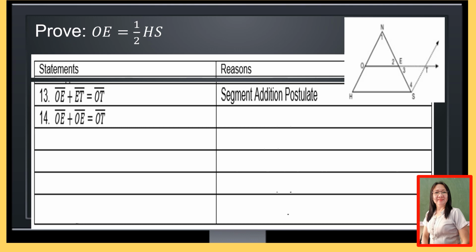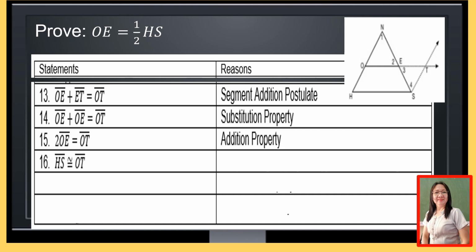So segment OE plus segment OE is equal to segment OT, by the substitution property. Then, since OE plus OE is the same as twice OE, twice OE is equal to OT. That is the addition property.